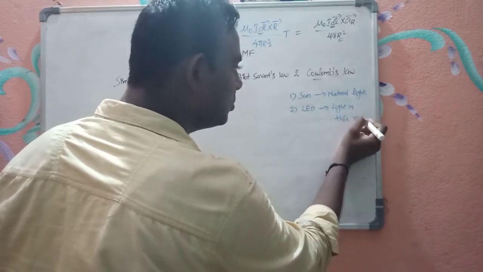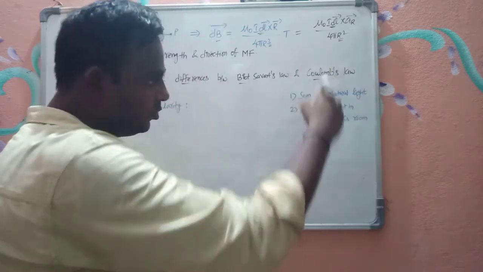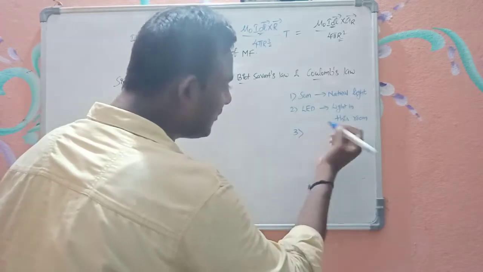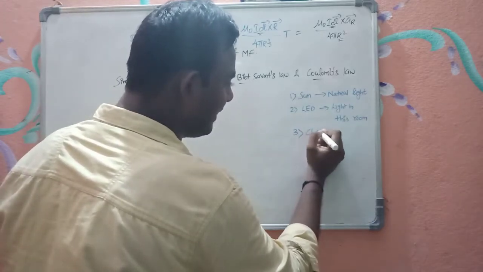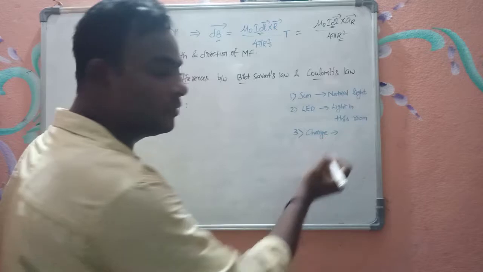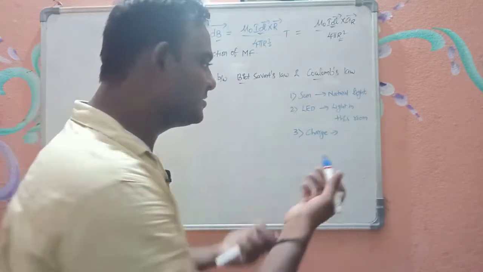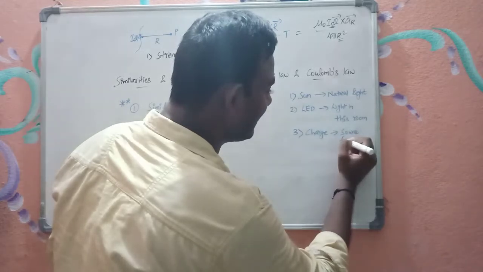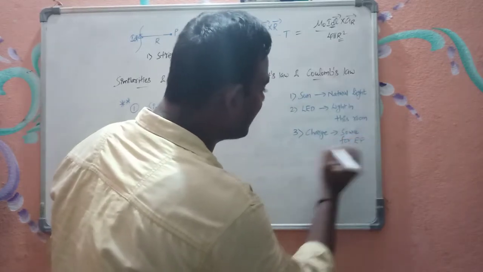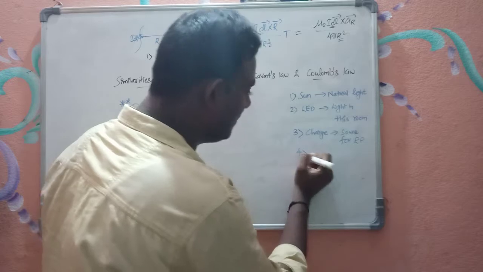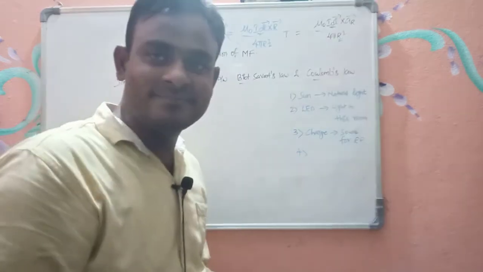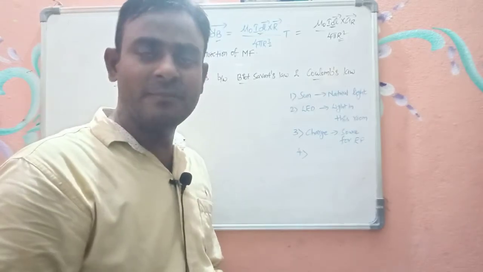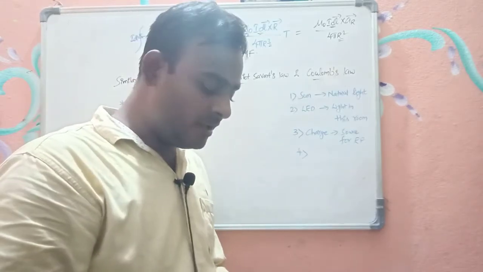Similar to these two things, we have the source for electric field as charge. What is the source for electric field? Charge. Similarly, what is the source for magnetic field? You can have two sources basically, because you have a bar magnet which is a permanent magnet, and because of it you have magnetism.